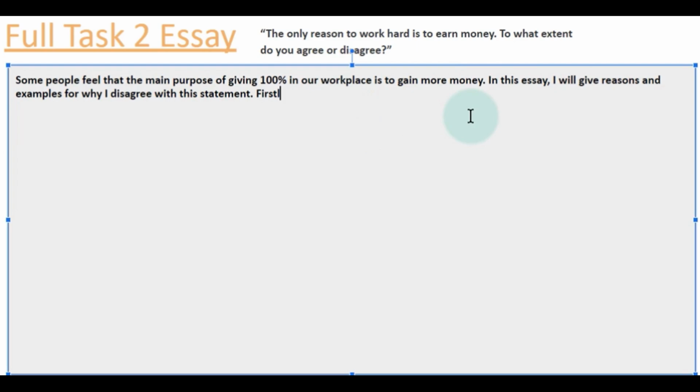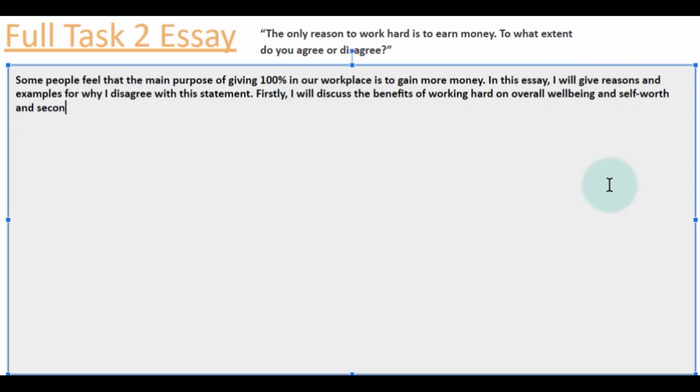Okay, firstly, I will discuss the benefits of self-improvement, the benefits of working hard on overall well-being, a nice word, and a word that's also very popular in the last year or two, overall well-being and self-worth.